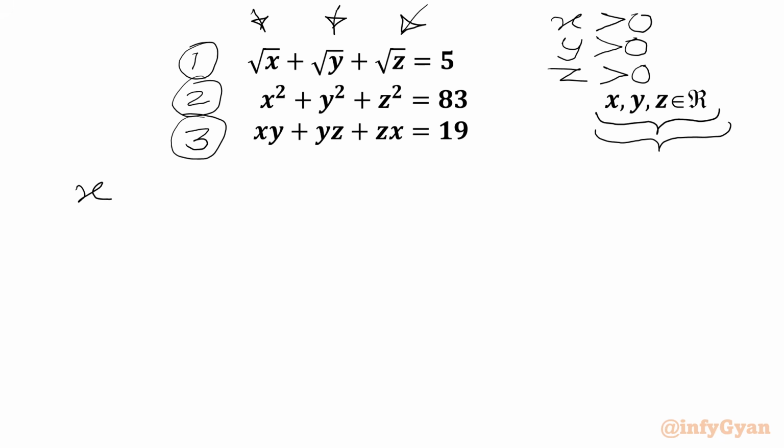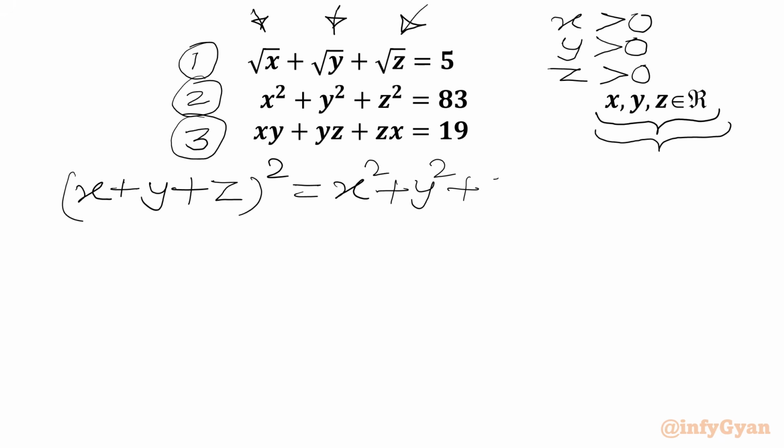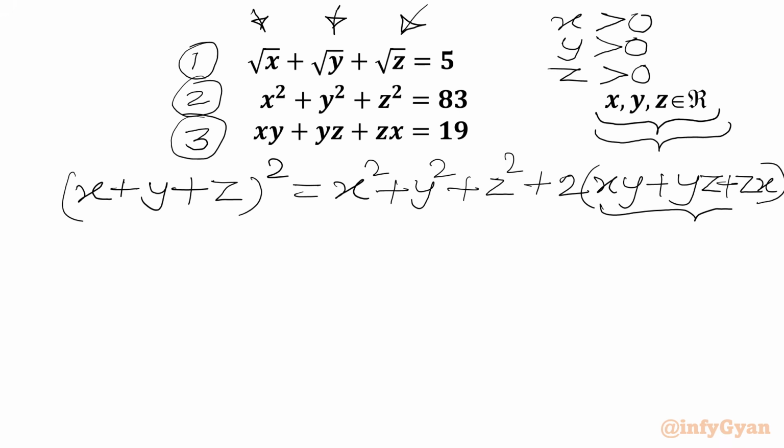Now we will use x plus y plus z whole square identity. Let's write the formula first. x square plus y square plus z square plus 2 times in the bracket xy plus yz plus zx. Now using equation 3, here we'll write 19. Using equation 2, here we'll be writing 83.